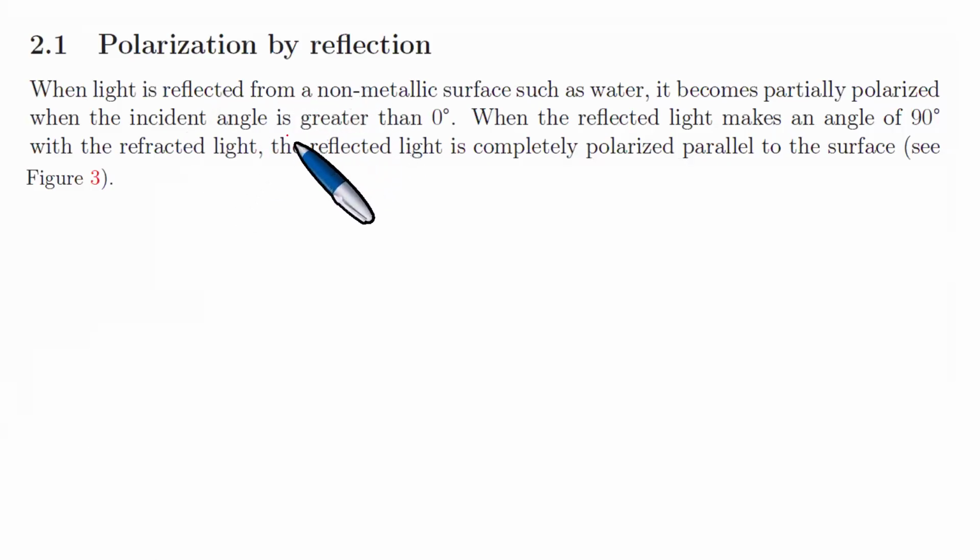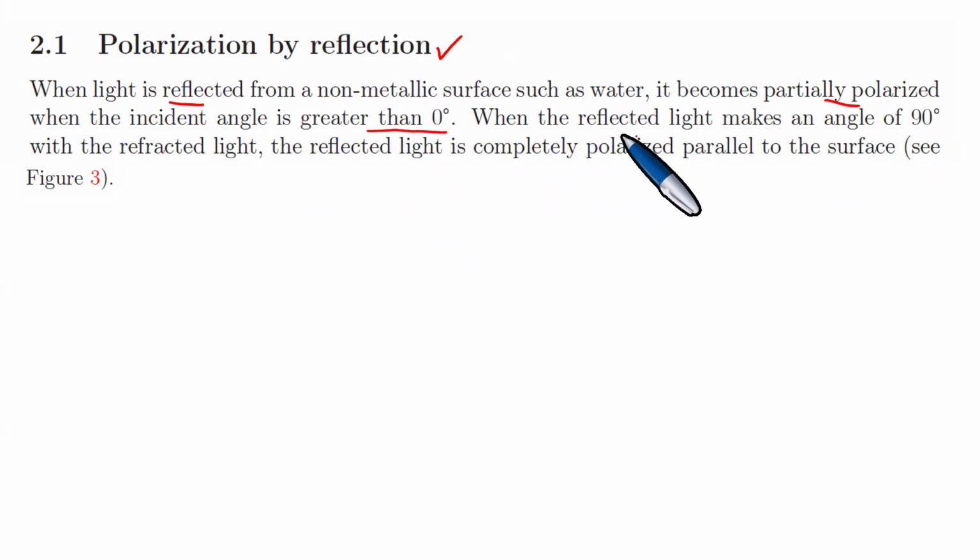Polarization by reflection. When light is reflected from a non-metallic surface such as water, it becomes partially polarized when the incident angle is greater than 0 degrees.